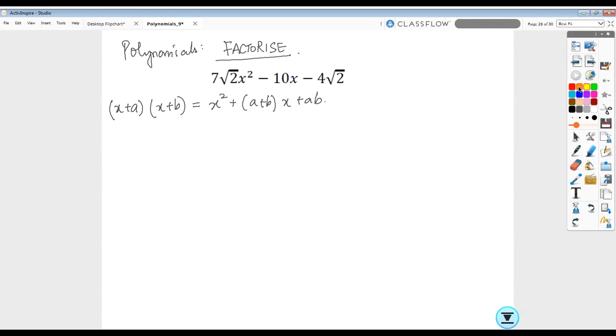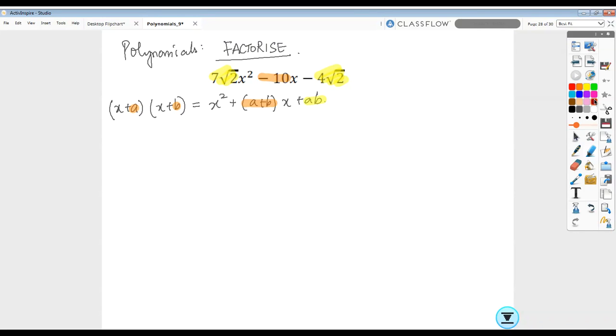We try to find such two numbers whose sum is the coefficient of x and whose product is the coefficient of x squared into the constant term, because here it was 1.